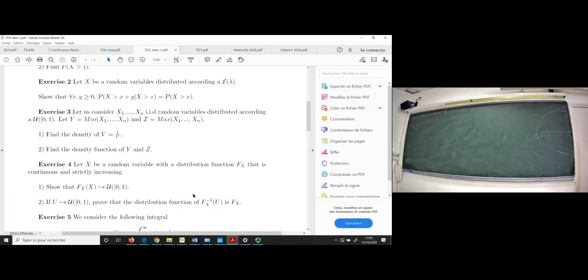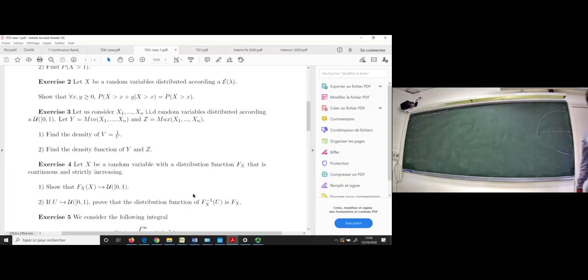X1 can be equal to 0, it's possible. But what is the probability that x1 is equal to 0? It's 0. So from the point of view of probabilities, I don't mind. This case doesn't exist for me because the probability of it occurring is 0.